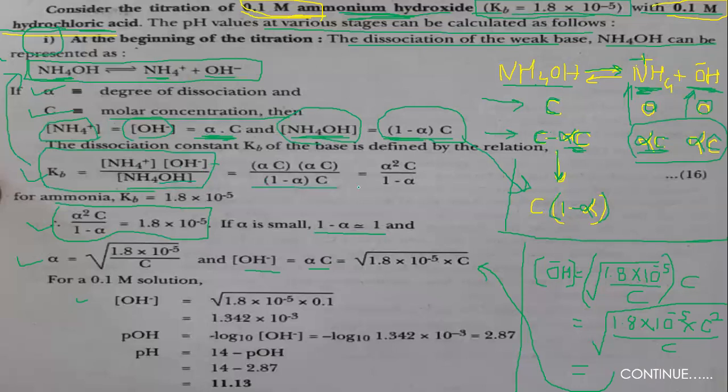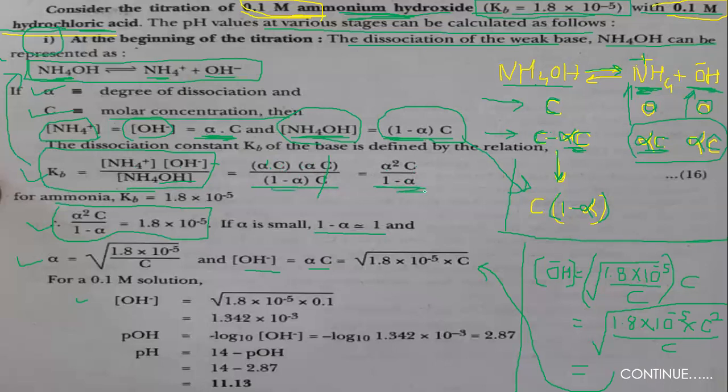So putting the values, see what happened here: alpha into alpha becomes alpha square C. One of the C will get cancelled, so here it's only C, and therefore alpha square into C upon 1 minus alpha, okay.